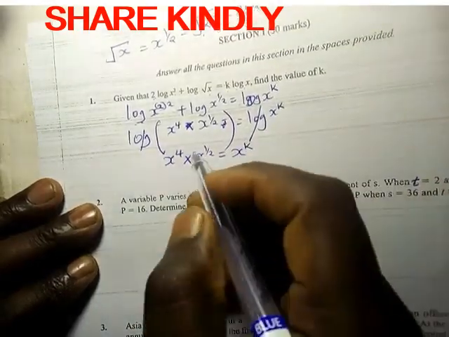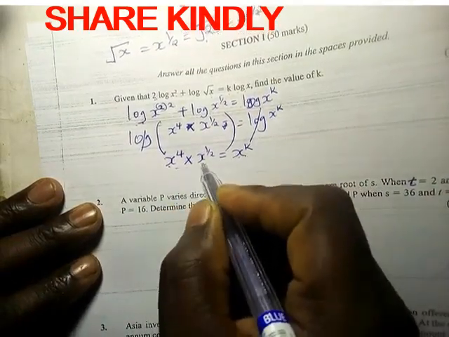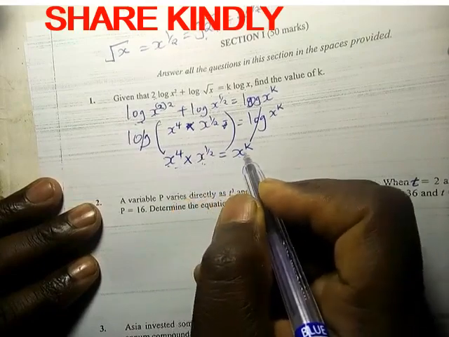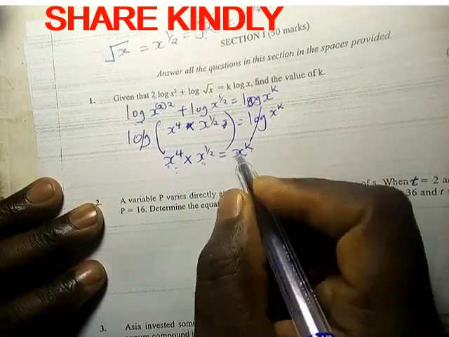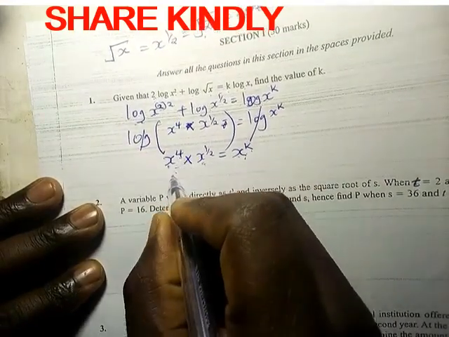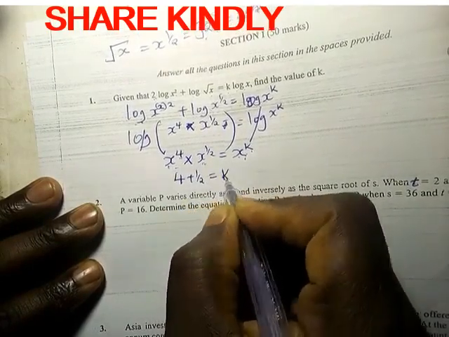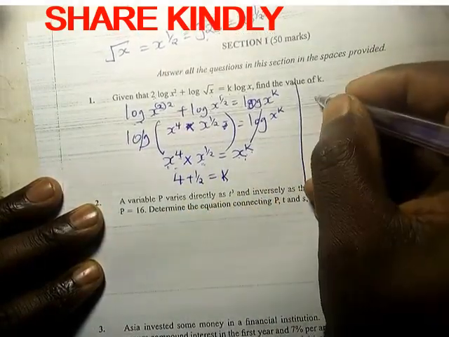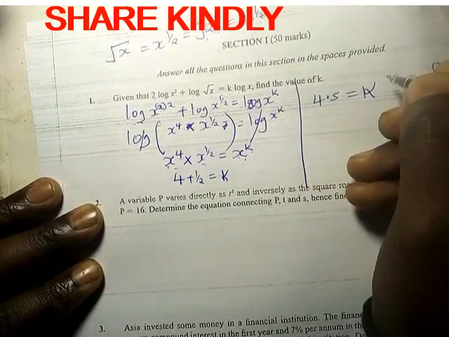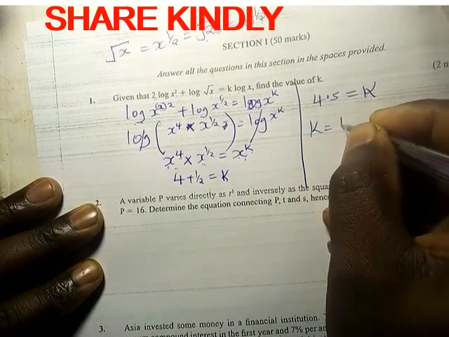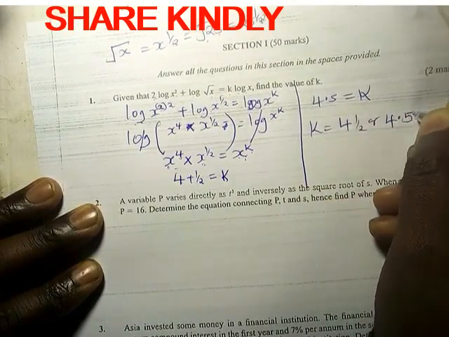From indices, when the bases are the same, we ignore them and deal with the powers. This multiplication means 4 plus a half is equal to k. A half is the same as 0.5, so k is equal to 4 and a half or 4.5.